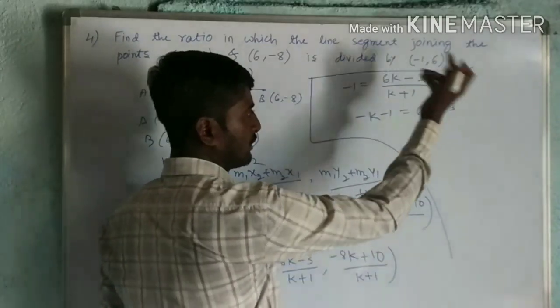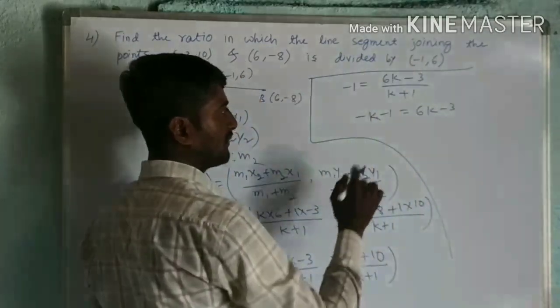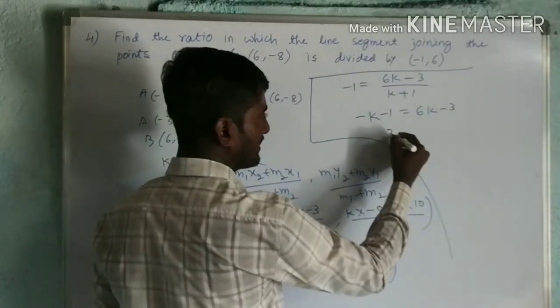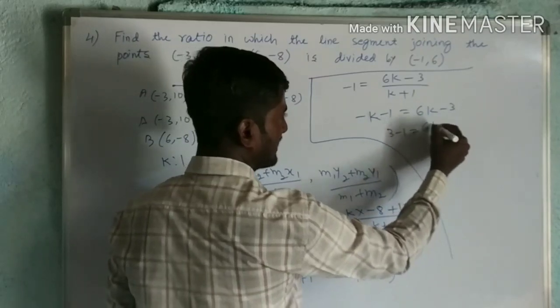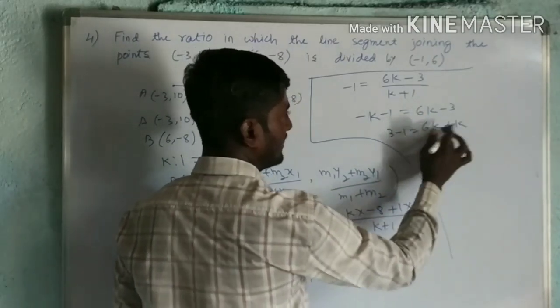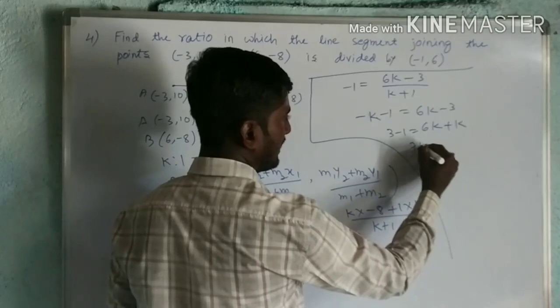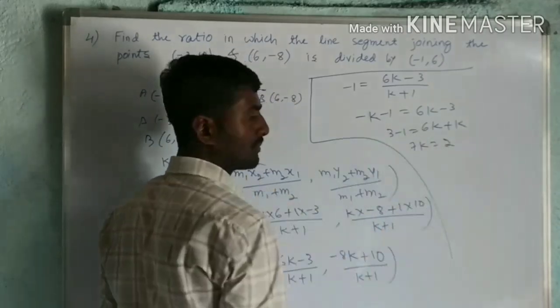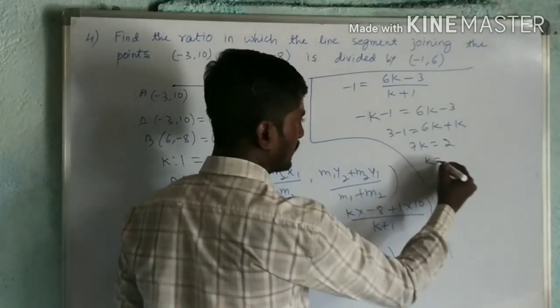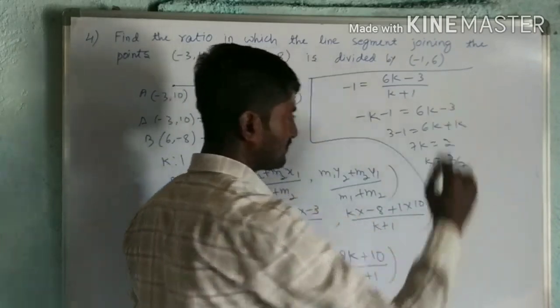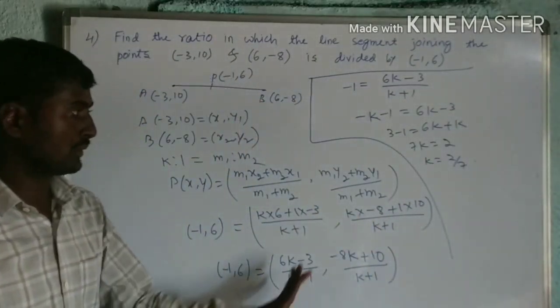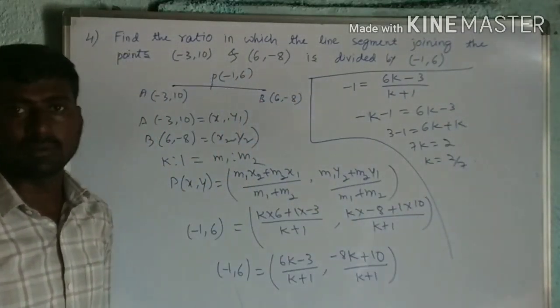Now take -k to the right and -3 to the left. -3 becomes +3, so -1 + 3, and 6k + k, that is 7k, is equal to 2. Now k is equal to 2 divided by 7. I got the value of k, that is 2 by 7.